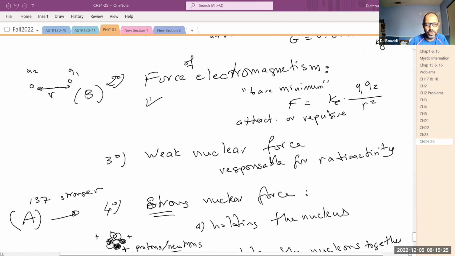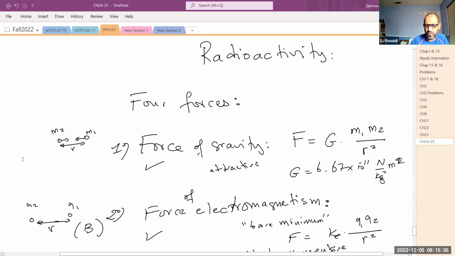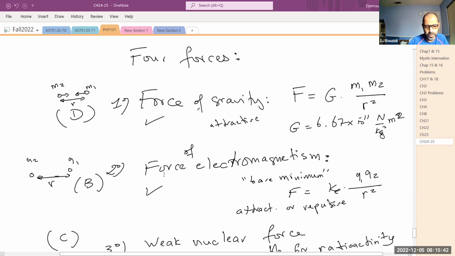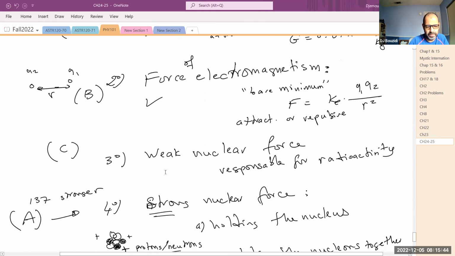Then the third strong force is this one, C. The weak nuclear force is the third force in terms of strength. And the weakest force by a huge factor, completely ridiculously small, is this one, okay? So these are the forces of nature, how they present themselves.